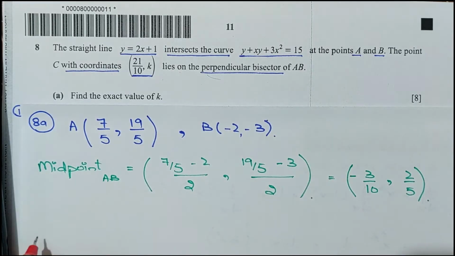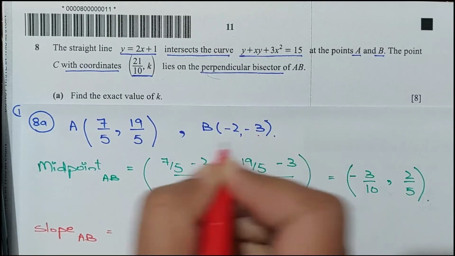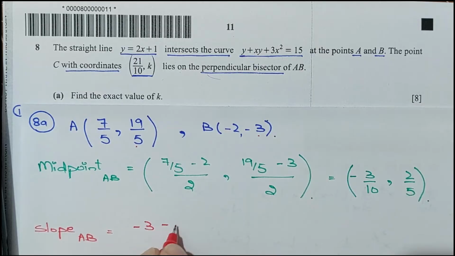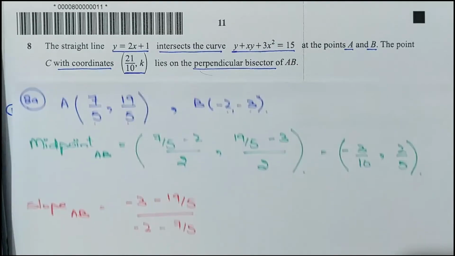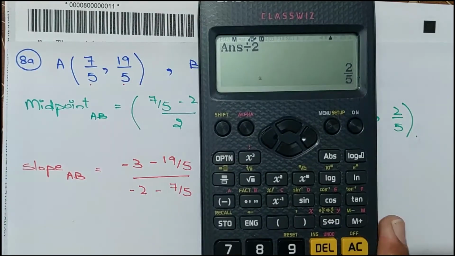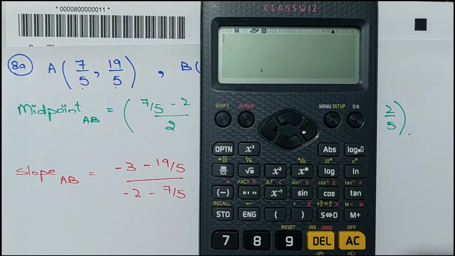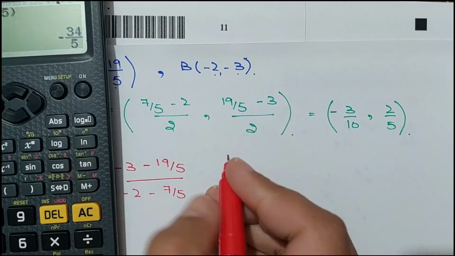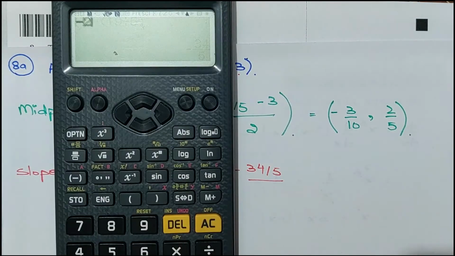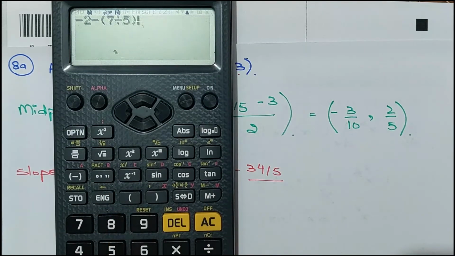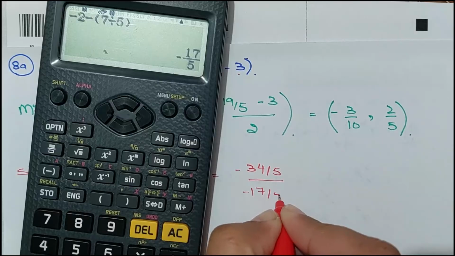Now the next thing is we have to find the slope or the gradient of AB, which is y2 minus y1 over x2 minus x1. This is -3 minus 19 over 5, which is -34 over 5, divided by -2 minus 7 by 5, which is -17 over 5.